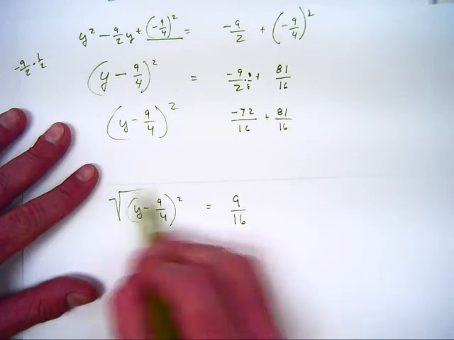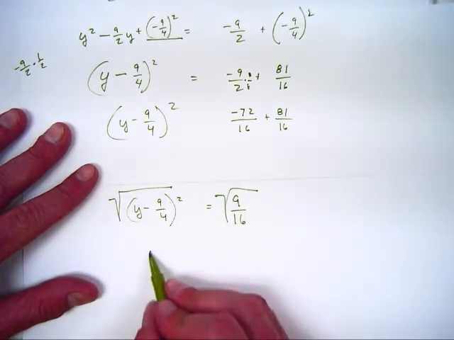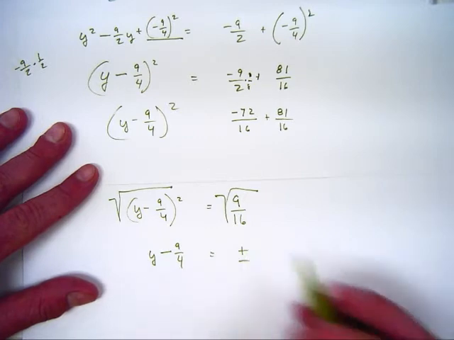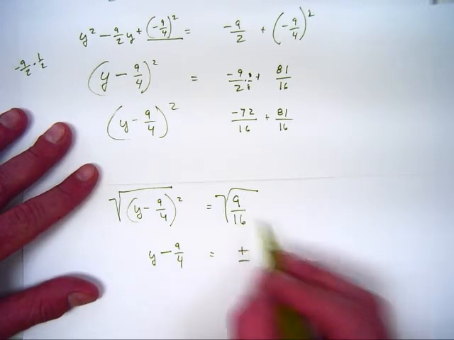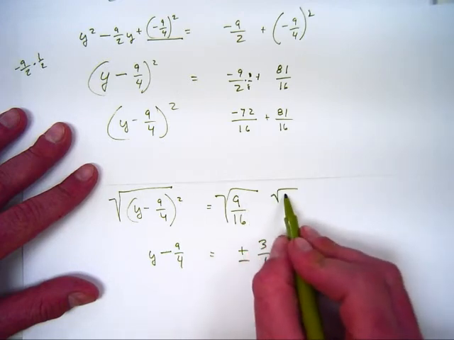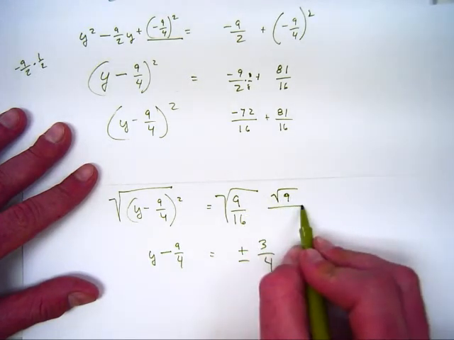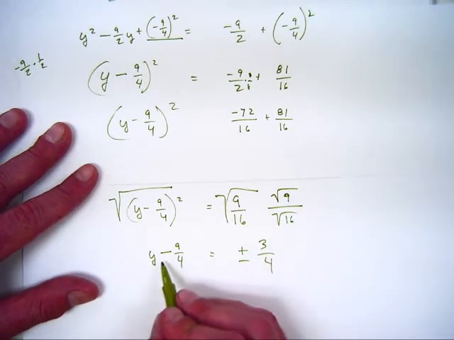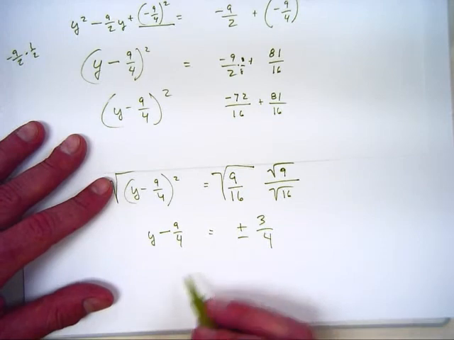If I square root both sides, I have y minus 9/4 equals positive or negative square root of 9 over square root of 16, which is the same as 3 over 4. So y minus 9 over 4 equals positive or negative 3 over 4.